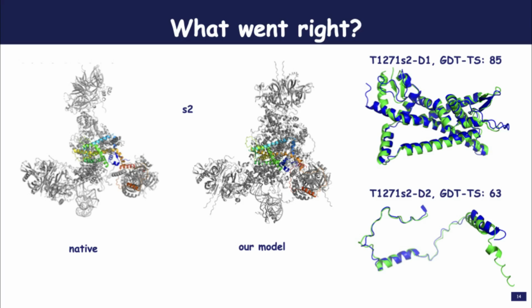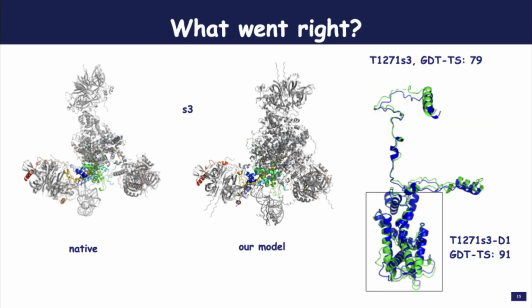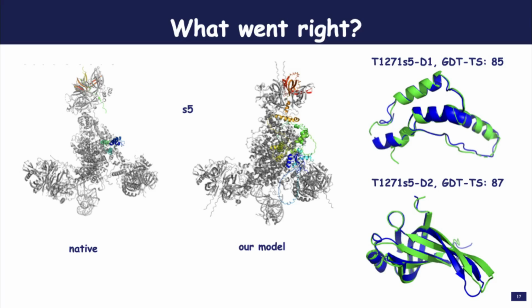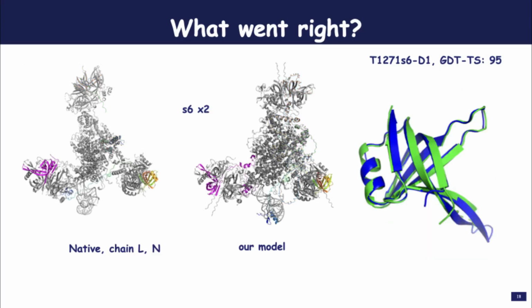I will go through this quickly. This is S2, move on. S3, S4, S5, S6. We have two copies of this subunit, and our prediction is also correct. This is one, this is another. They match very well.